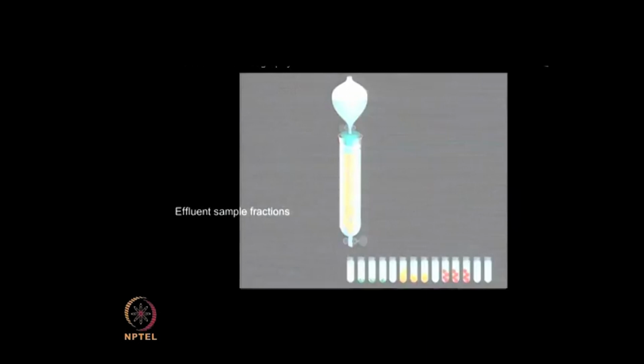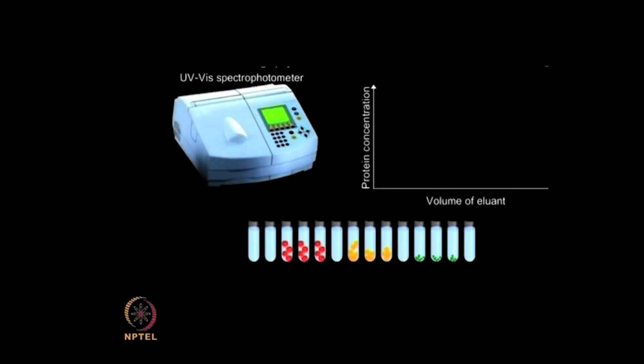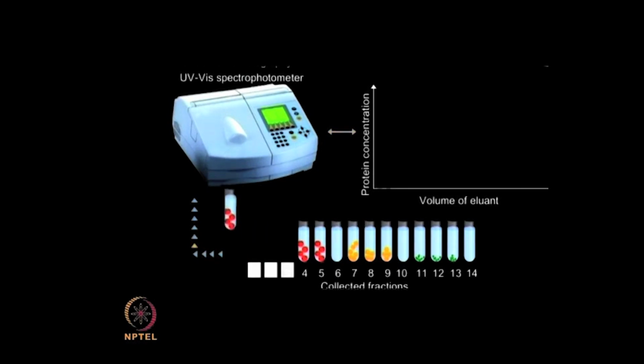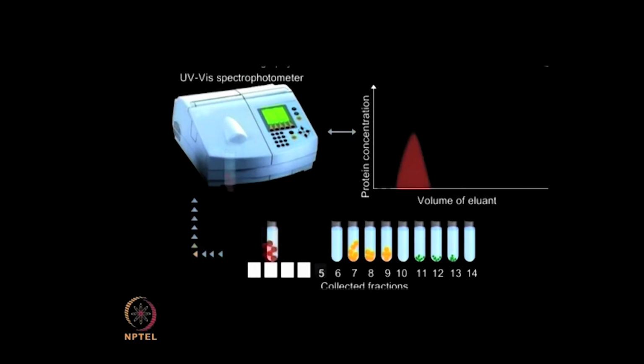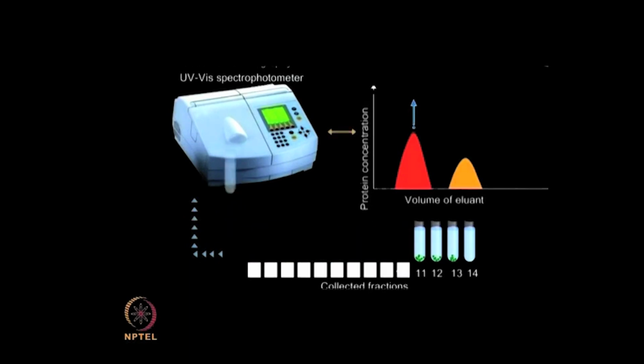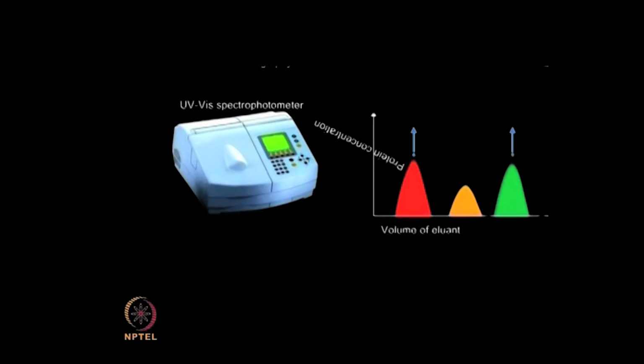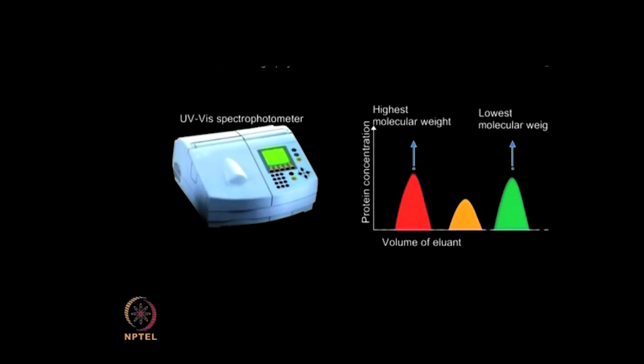Now, analyze the protein content by using the UV visible spectrophotometer at 280 nanometers. Once all the absorbance values are recorded, a graph of eluent volume versus protein concentration can be plotted. Now, the highest molecular weight is in the beginning and the lowest molecular weight towards the end.